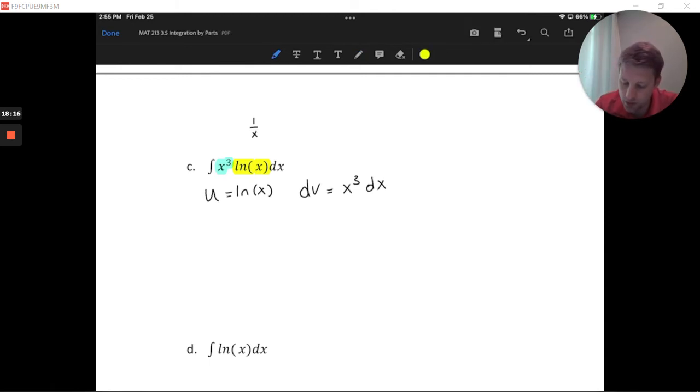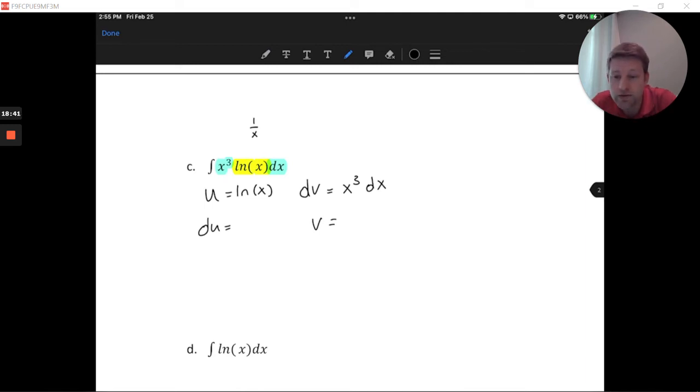So if we group the dx, that's going to be part of that x to the third power. Okay, so I've accounted for everything inside that integral with the u and the dv function. Now let's find my du, the derivative, and then my antiderivative v function. We stated earlier that the derivative of the natural log was 1 over x dx. And then we could do the antiderivative for x to the third power.